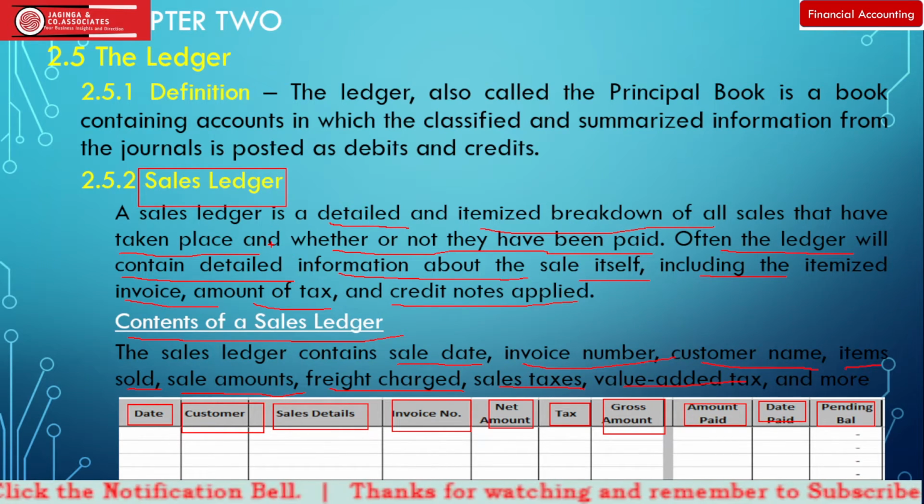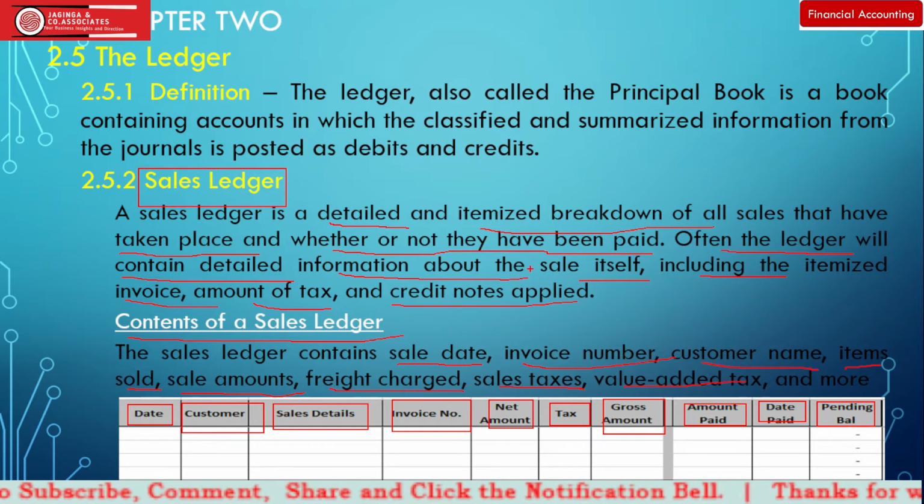So the sales ledger is a detailed itemized breakdown of all the sales that have taken place, whether or not they have been paid. So all the sales within a given period, let's say January, or maybe the first quarter of 2022, that is January, February, and March, we'll have all the details of sales, whether they have been paid in cash or not.